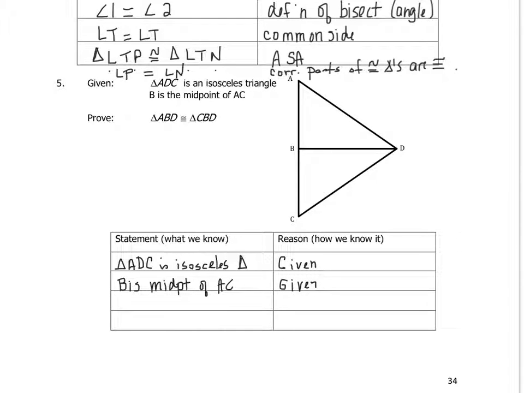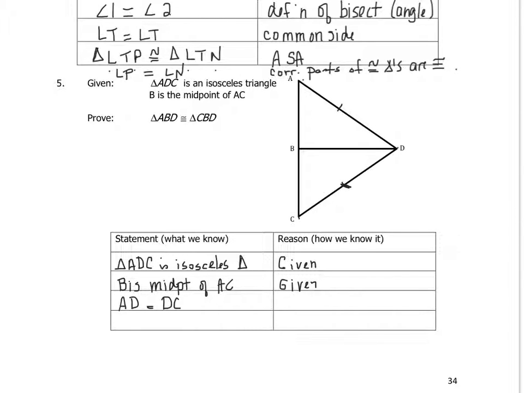So from that, if triangle ADC is isosceles, that means two sides are equal. So if we look at the triangle, it looks like AD and DC are the equal sides. So AD would have to be equal to DC.